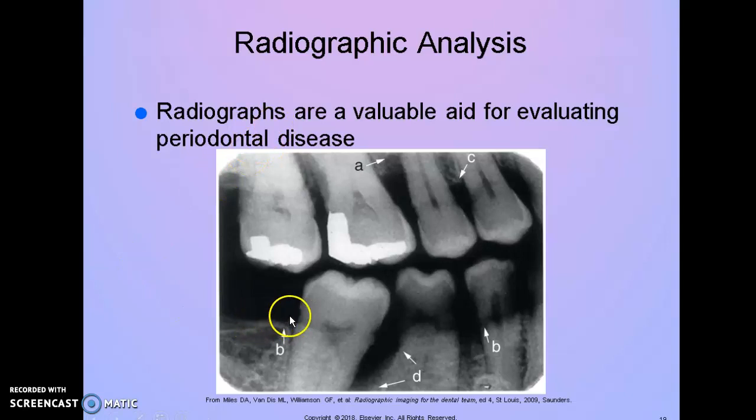We have some bone loss here. We have a really severe amount of bone loss in this pocket. We have a low calculus spicule here, and we have some defects in the bone here, and we have another area of bone loss. Basically, this would be a generalized bone loss, generalized perio patient.